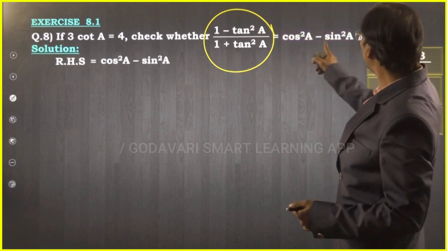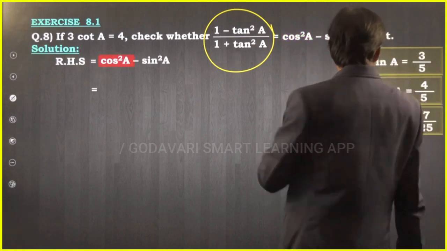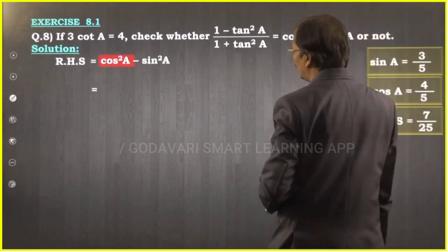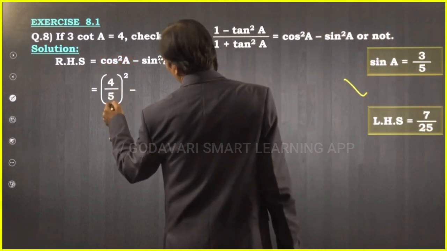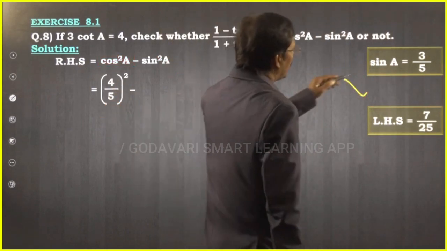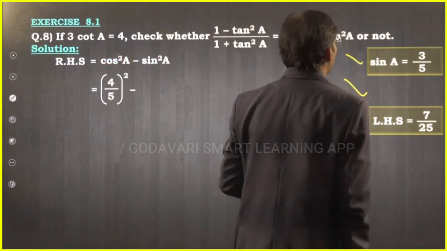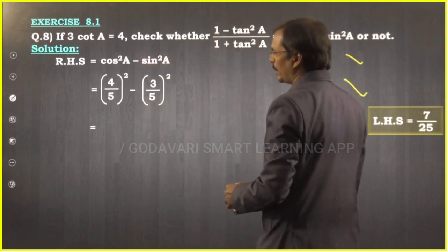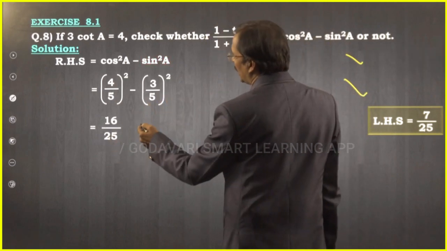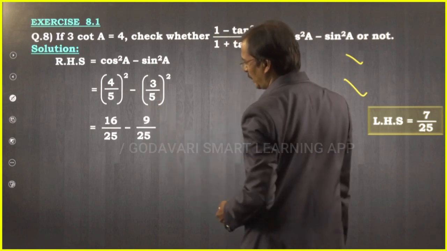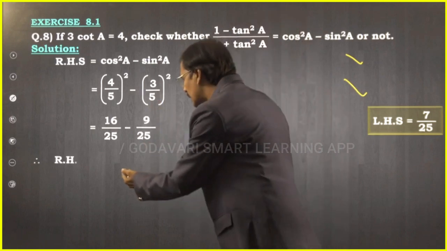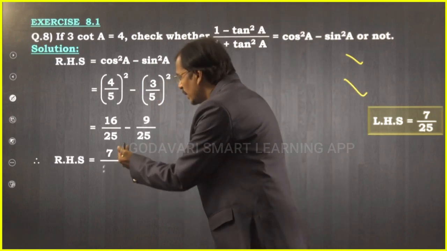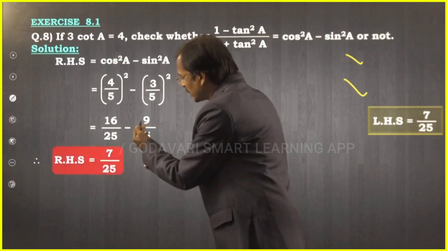Now take the RHS. RHS is cos square A minus sin square A. Cos A is 4 by 5, therefore 4 by 5 whole square minus sin A is 3 by 5, so 3 by 5 whole square. 16 by 25 minus 9 by 25. 25 is the LCM. So 16 minus 9 is 7.